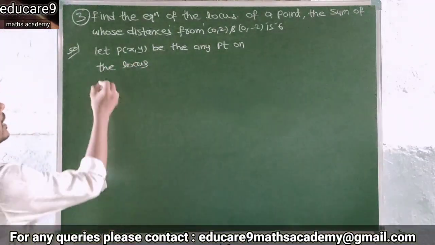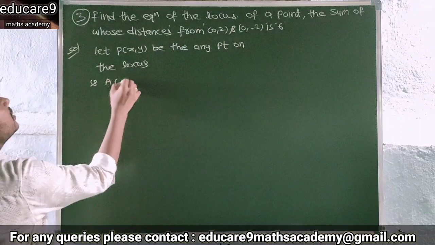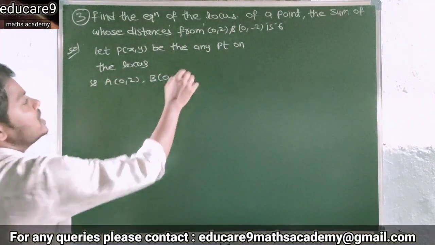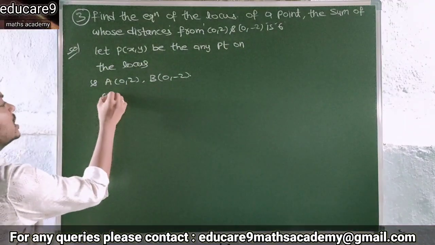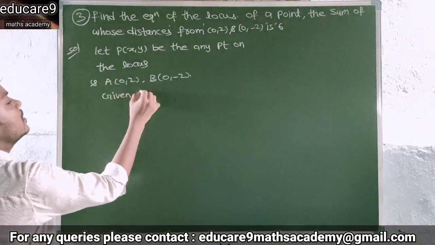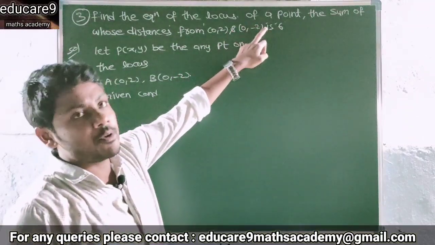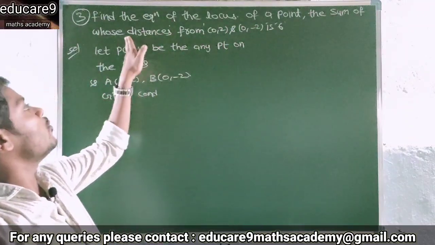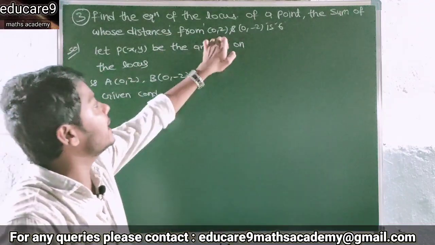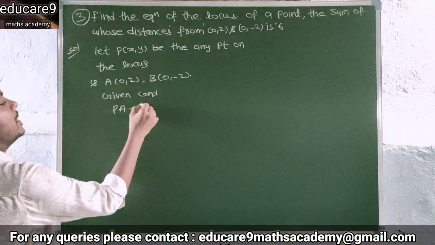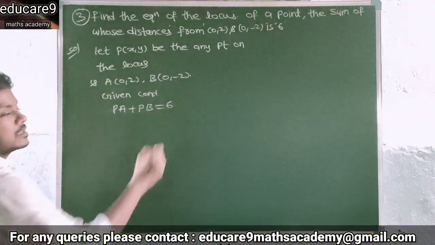A is (0, 2), B is (0, -2). So these are the given points. And what is the given condition? Find the equation of the locus of a point, the sum of whose distances from A and B is 6. That means PA plus PB is equal to 6.